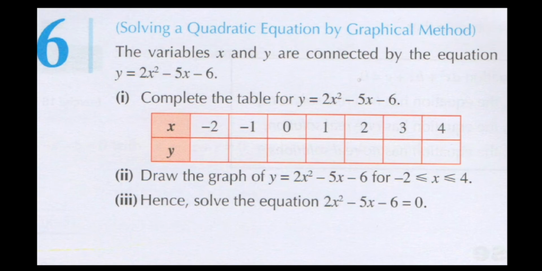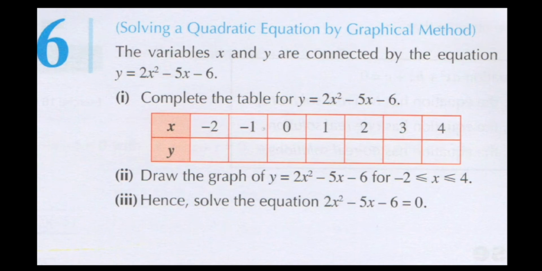And the simplest way is to simply find out all the x values, or the y values rather, that correspond to x, right? So what you need to do is create a table like this, right?